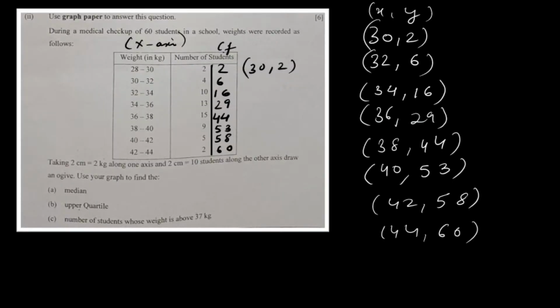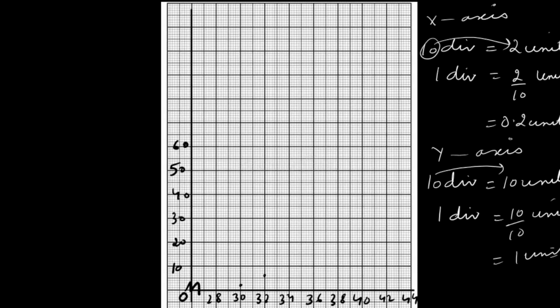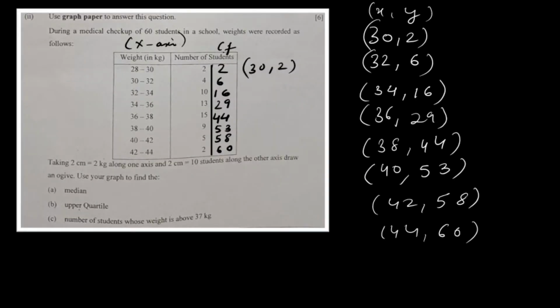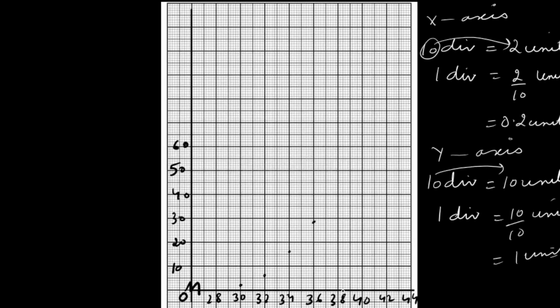Then 34, 16, which is 1 unit above 15, because 15 we can easily figure out. Then 36, 29, which is 1 unit below 30. Then 38, 44, and 44 is 1 unit below 45.